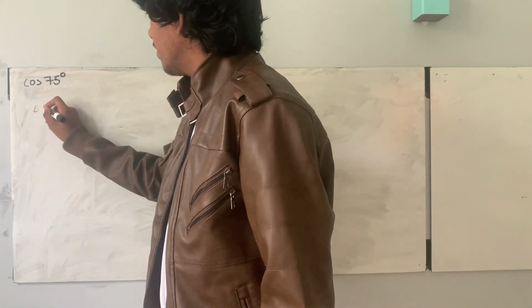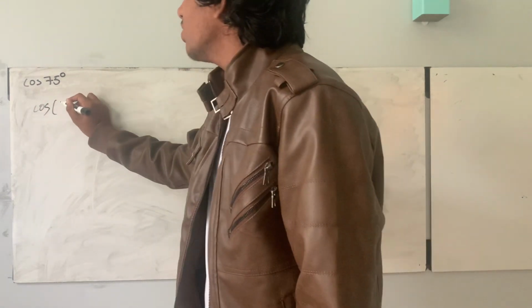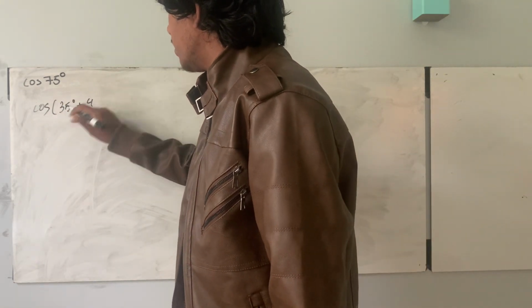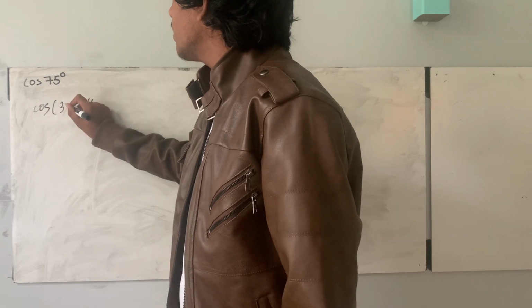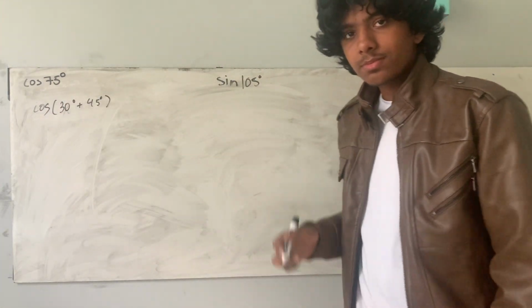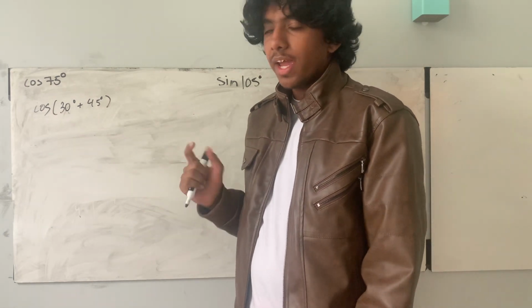That's the idea. Cosine of 75 is the same thing as cosine of 30 degrees plus 45 degrees. Now we have this broken apart in terms of two other angles.